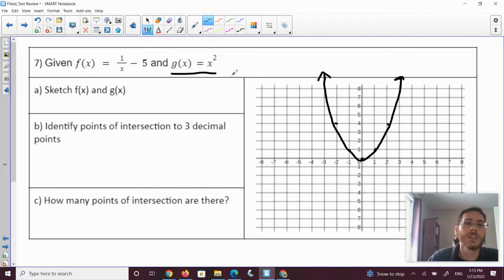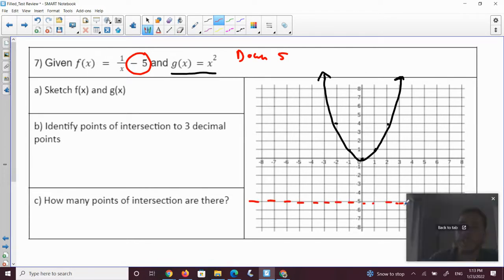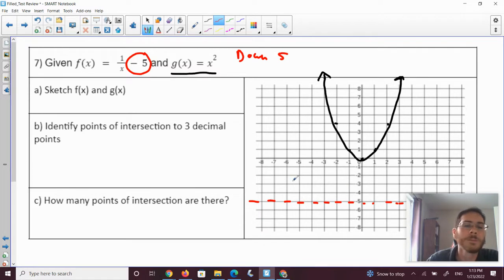There's no translations. There's no shifts or anything. F of x is our 1 over x equation, but we're going down 5. So remember, minus 5 is down 5. So our horizontal asymptote would be down 5. Again, I'm a little bit in the way, but that's all right. And we know our 1 over x kind of has the shape of that. So we know we're going to look like this.